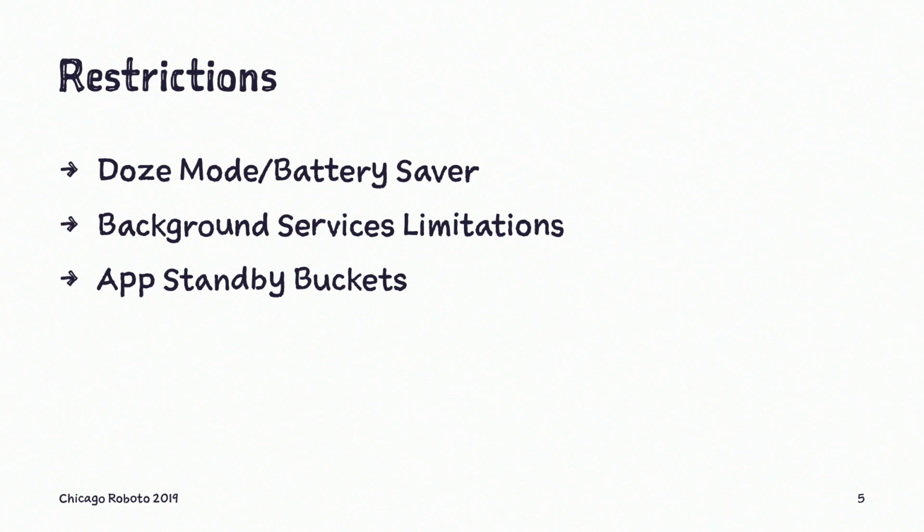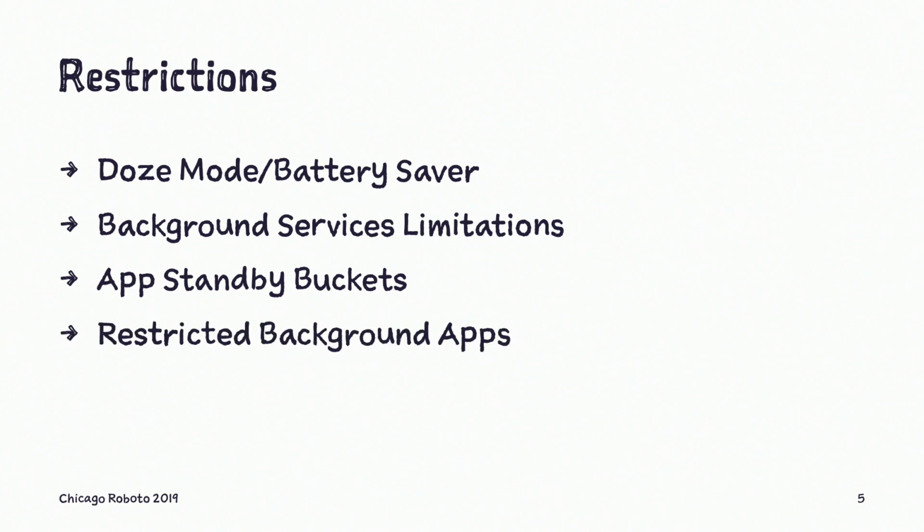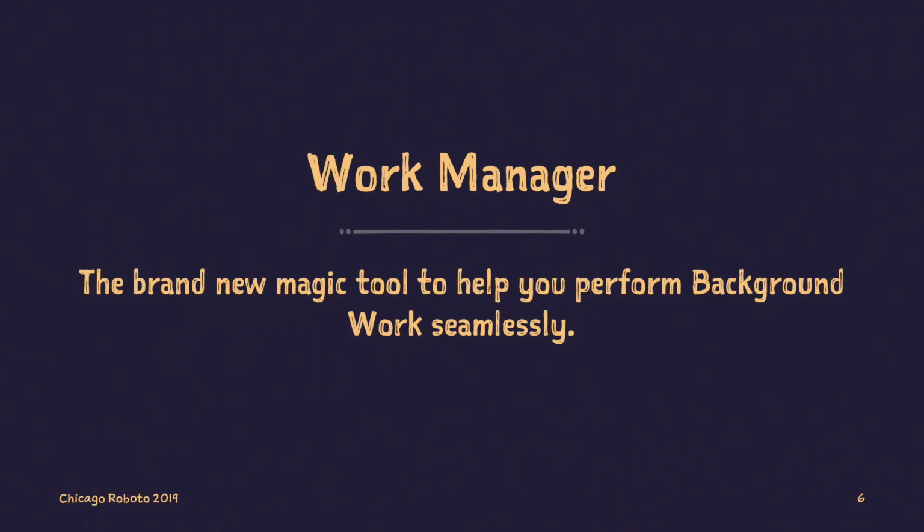App standby buckets is something which has come out recently as well, wherein based on how frequently the user is using your app, Google decides how much background processing the app can do. Plus, the user can now manually disable background processing for your app altogether if you seem to be consuming more battery.